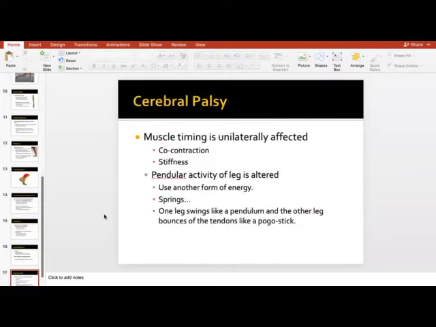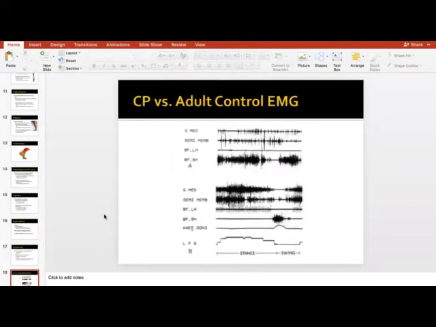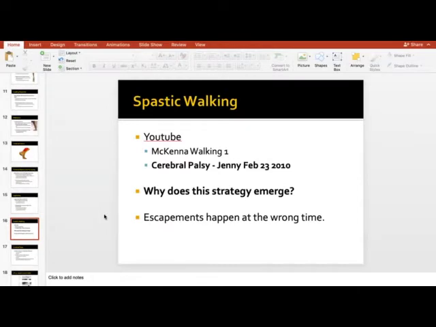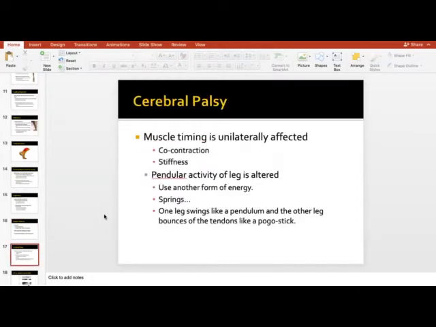Well, I think that probably the walking that way comes from, and let's just talk about this, all right? With cerebral palsy, there's a negative impact on muscle timing.